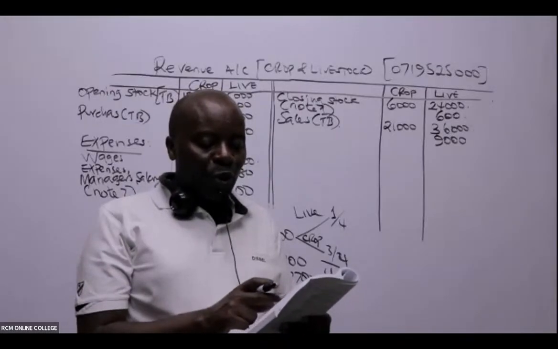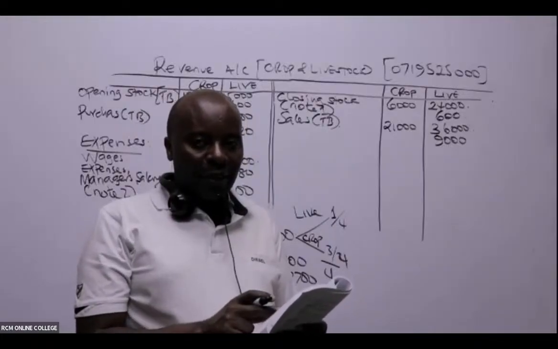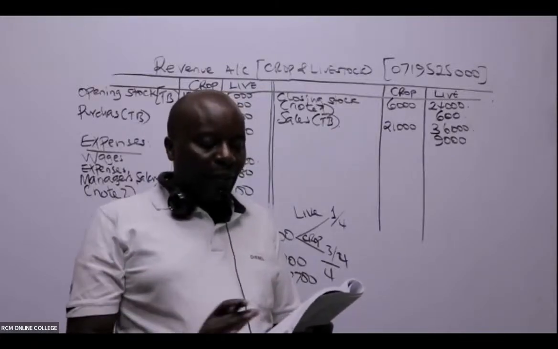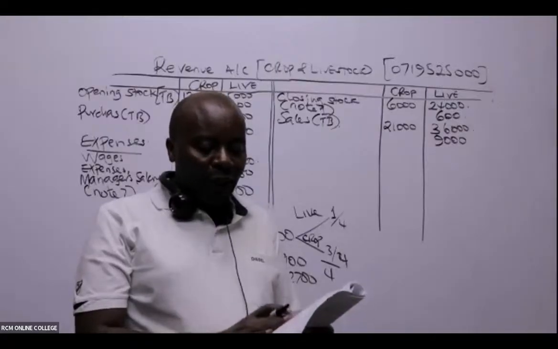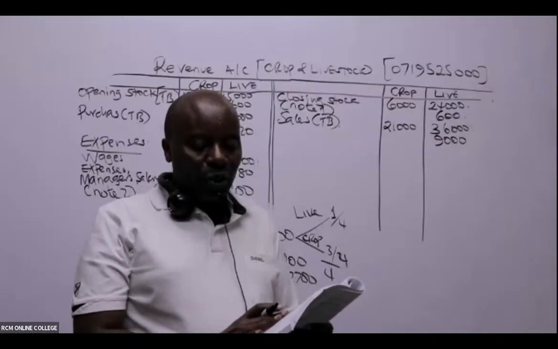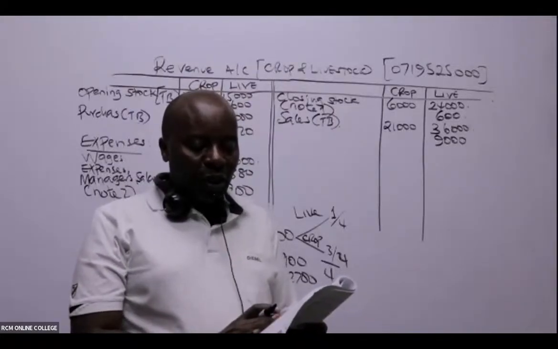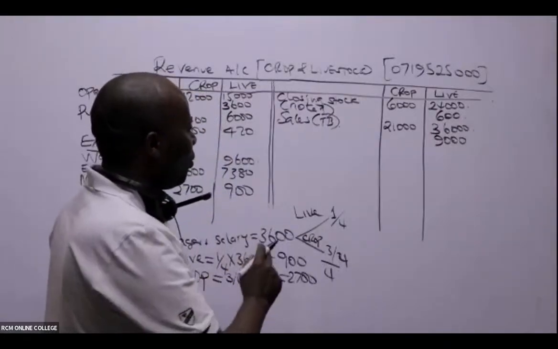Note 4, insurance prepaid amounted to 240,000 and is to be charged to the general income statement, not the revenue accounts. Then note number 5, manure. Manure worth 180,000 was used in the farm, while farm crops used to feed the livestock were valued at 390,000. Let's work with manure first.